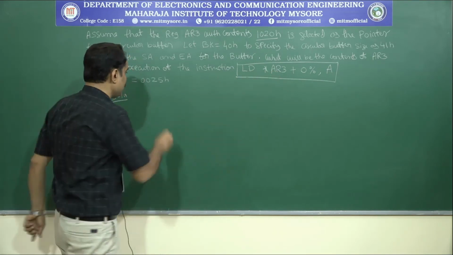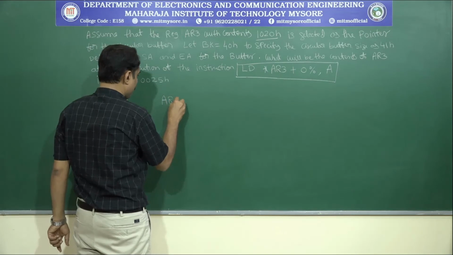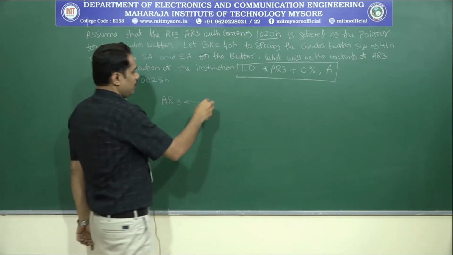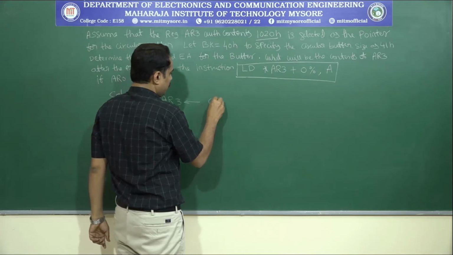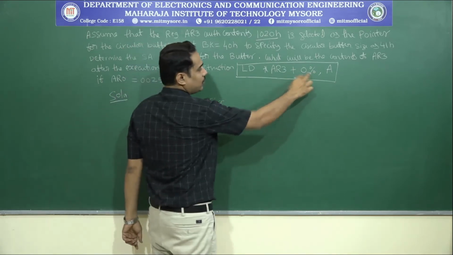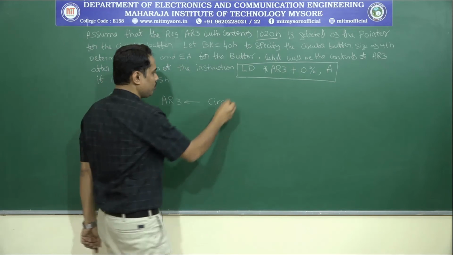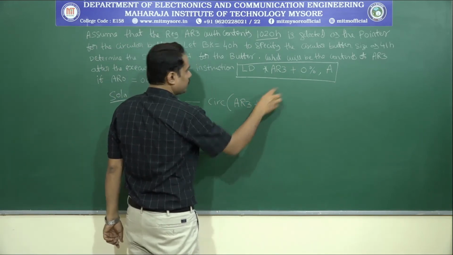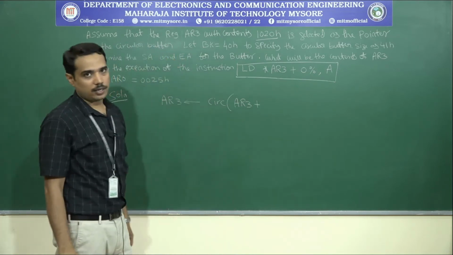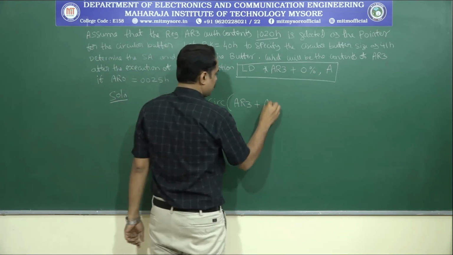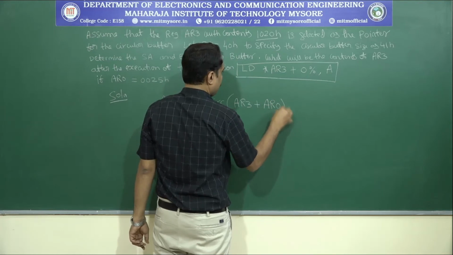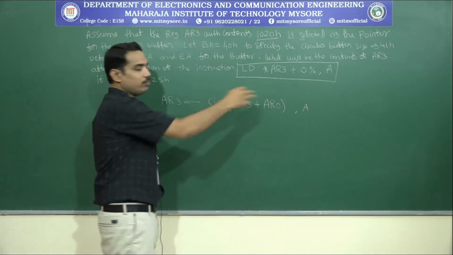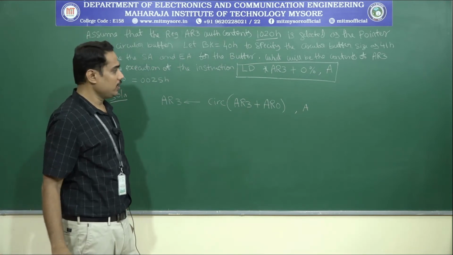That means what? The AR3 is in circular addressing mode because of the percentage symbol. Circular addressing mode of AR3 register plus 0 indicates AR0, comma A. That value will be moved to accumulator A.